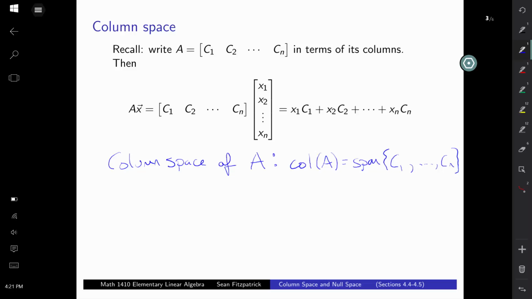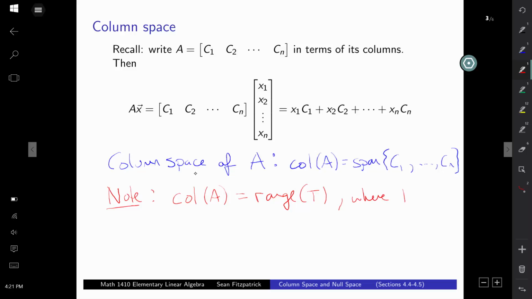And what we understood through our example, and it turns out this is true in general, is that the column space of A is equal to the range of T, where T of x equals A times x.